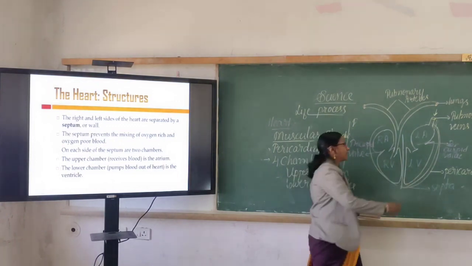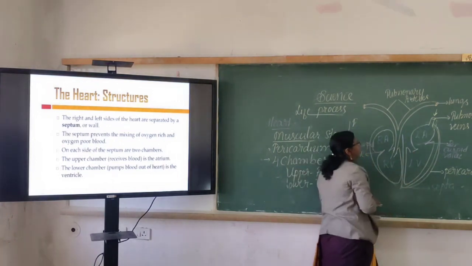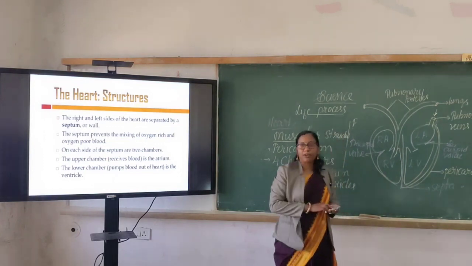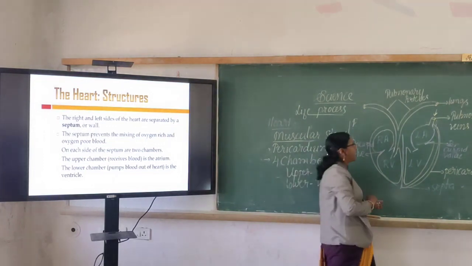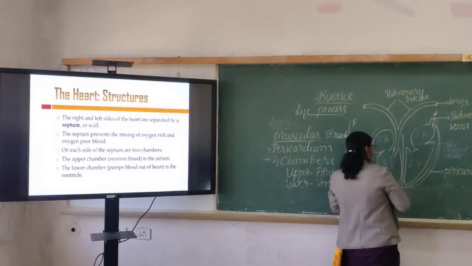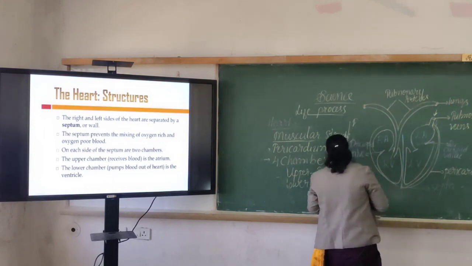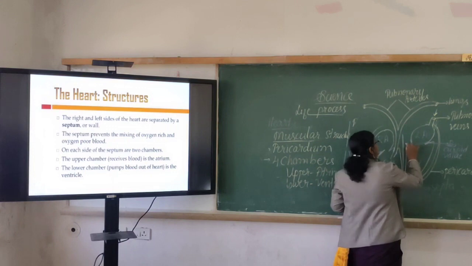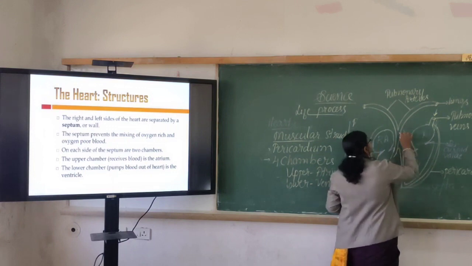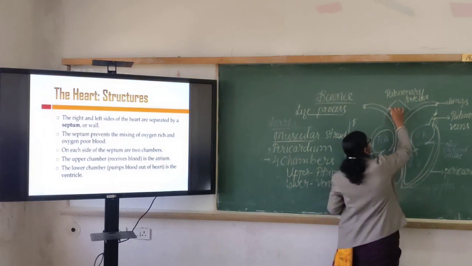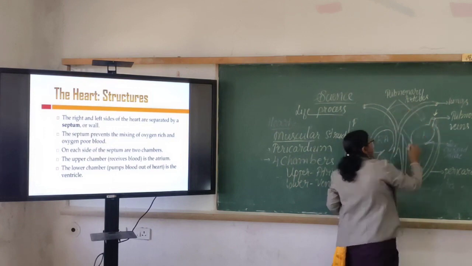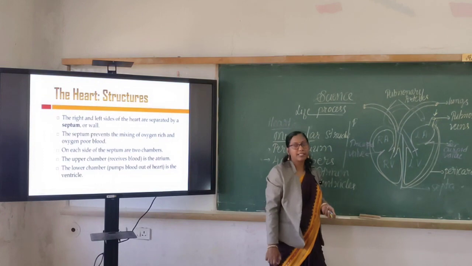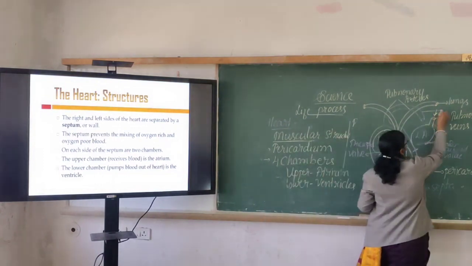Once it reaches the left ventricle, where will the blood go next? The blood will go through a special blood vessel, the biggest blood vessel, called the aorta.